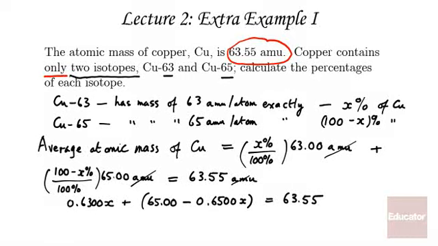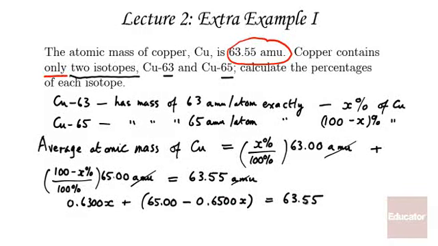Just look at that equation for a moment and check each part. We have x over 100% times 63, that means 0.63x. We have 100 over 100 times 65, that is 65. And x over 100 times 65, which is 0.6500x.